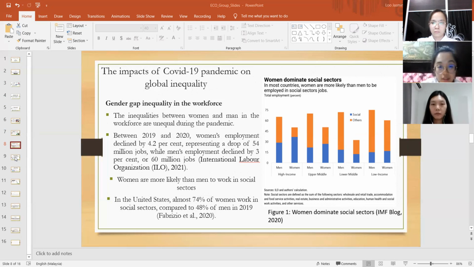In developing countries, women are also more likely to be employed in the social sector than men. Notwithstanding, an even bigger concern in many of these countries is that women often work in the informal sector more frequently than men, and therefore have less job security and social protection as well as lower pay.